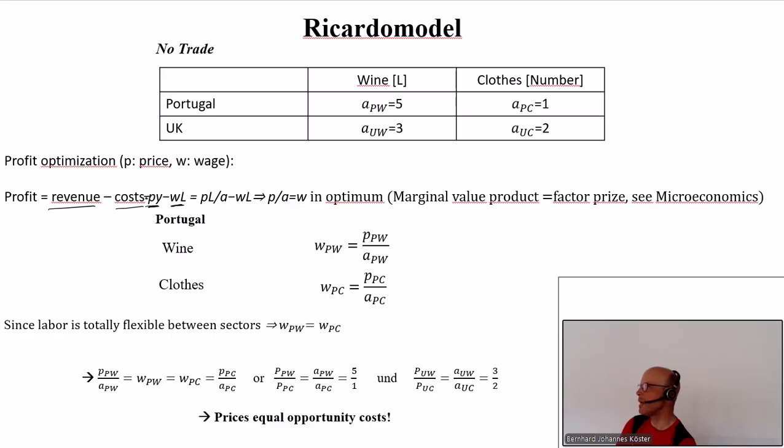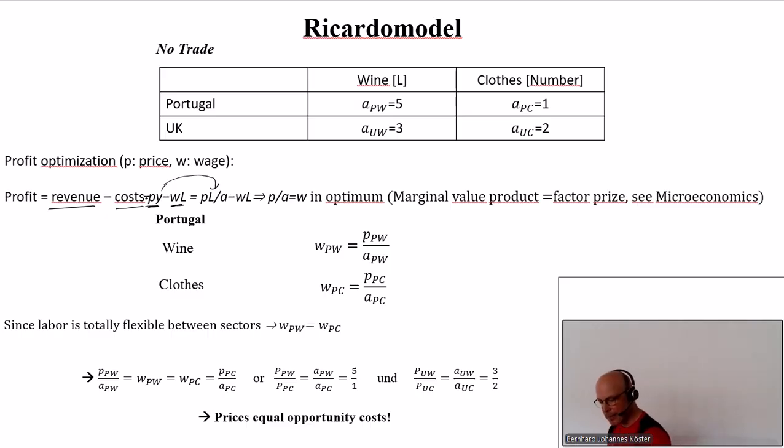So P times Y minus W times L. This is my profit. Well, now I just insert my production function. And remember, we have modeled our production as a linear function. Y is just L over lowercase a.